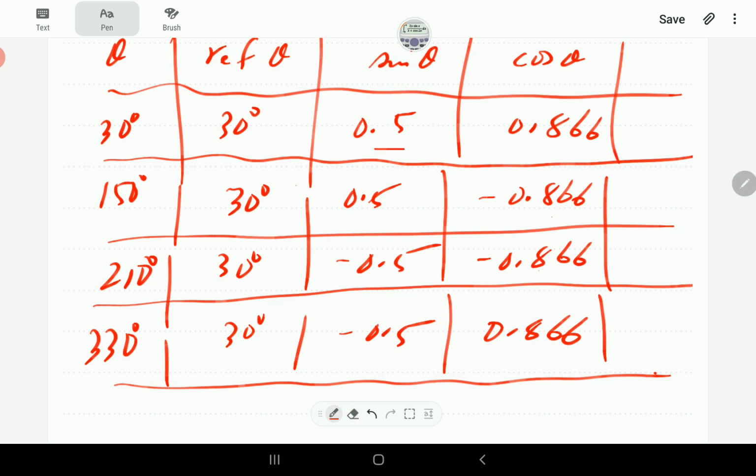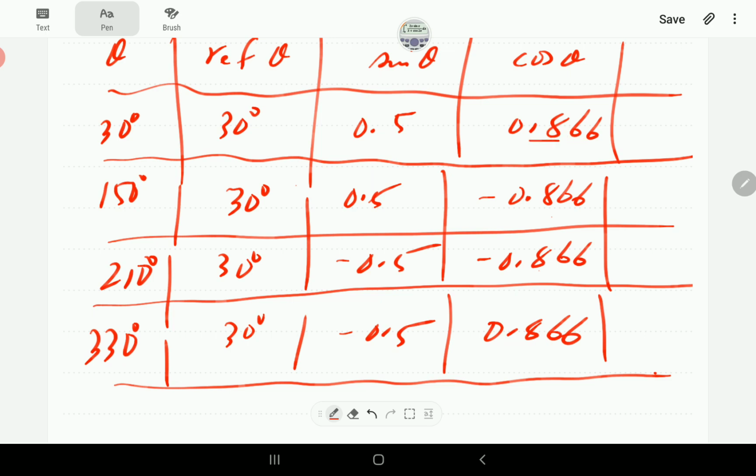All the sines have got the same number, which is 0.5, but all that's changing is the sign. Positive here, negative here, negative here. This is first quadrant, second quadrant, third quadrant, fourth quadrant. From the first video, we said that in the first quadrant, sine is positive. Also positive in the second quadrant. In the third and fourth, sine is negative.